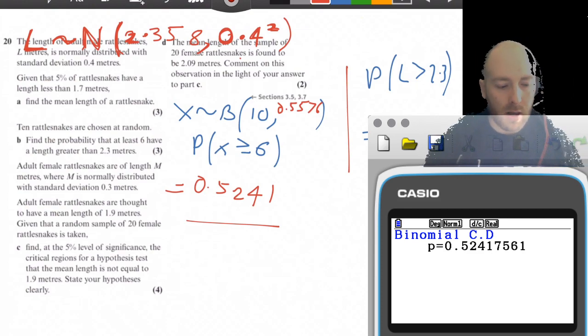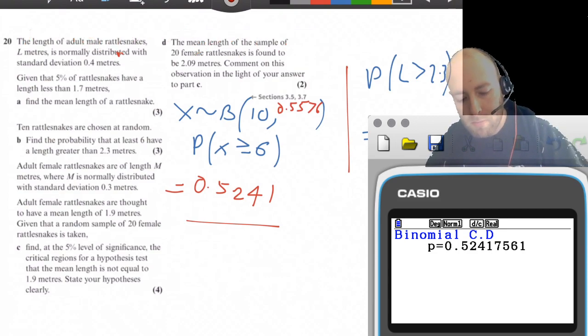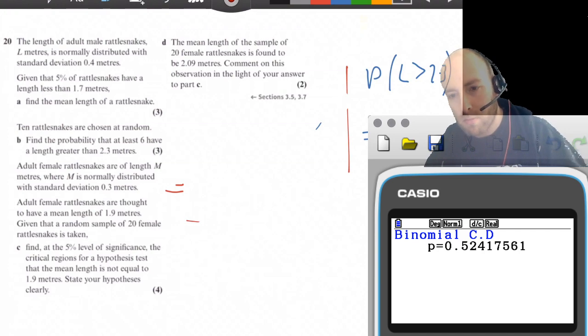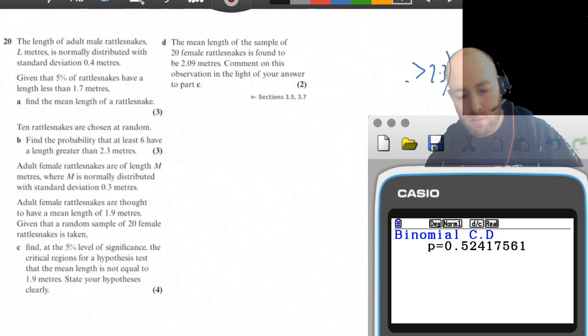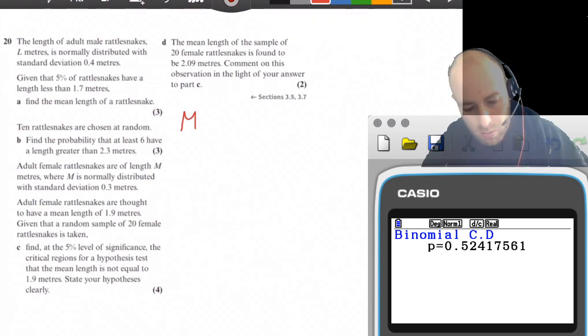Okay, so now we're on to the hypothesis test part of the question, which I think is new, so it doesn't use any of the stuff we've done before. Right, so last bit. Adult female rattlesnakes are lengths M. So M is now a normal with a mean of 1.9 and a sigma of 0.3.